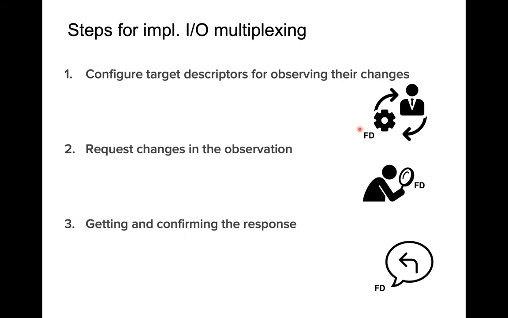So you have to mention that my input console is, for example, file descriptor number 1. And once you configure it as file descriptor 1, then you have to consistently monitor or observe that particular console or file descriptor. That is the second step, which requests the changes in the observation. And finally, if there is any change observed at that particular console, then the data is read from there. So getting and confirming the response is the third step.